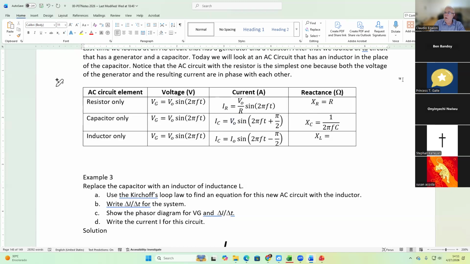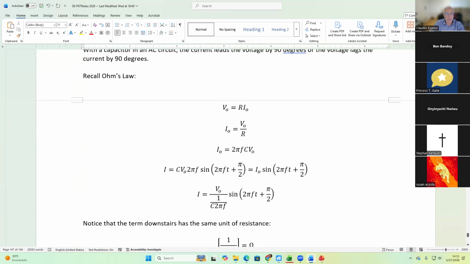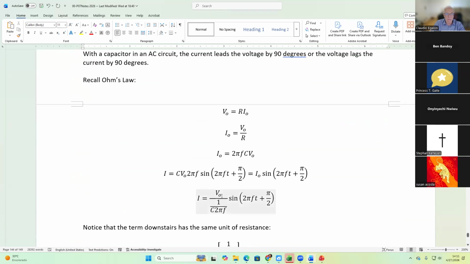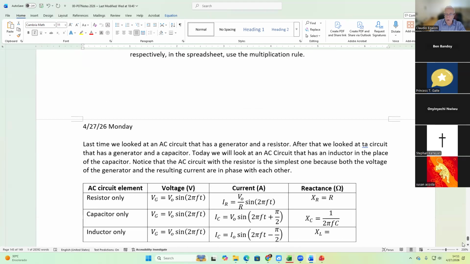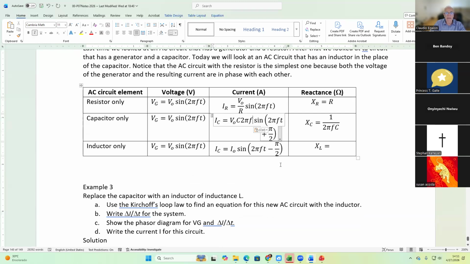What did you get there before? Let's take a look. For the capacitance, V naught over this thing here, 1 over 2 pi F C, or C 2 pi F. I prefer to put this term right in here.